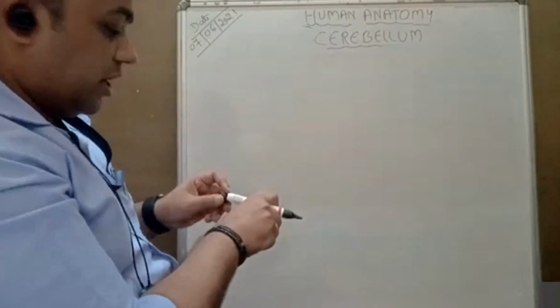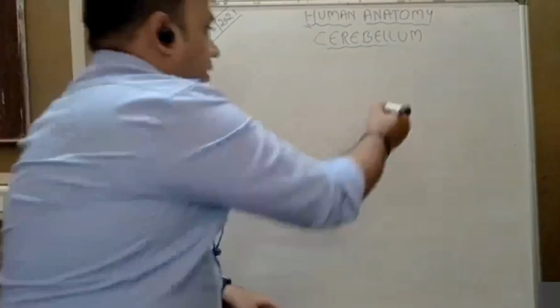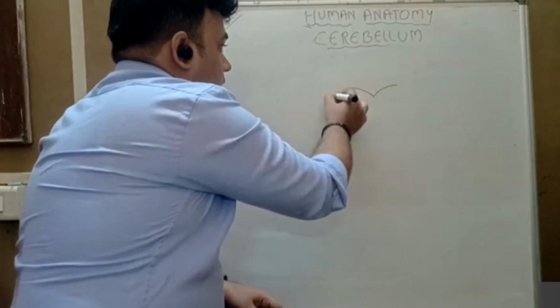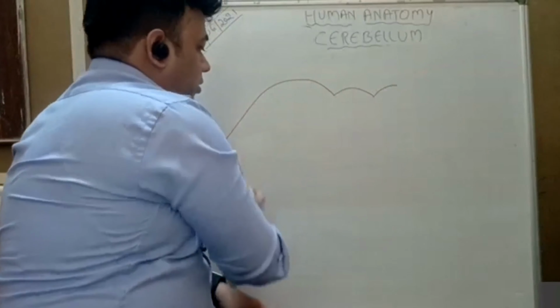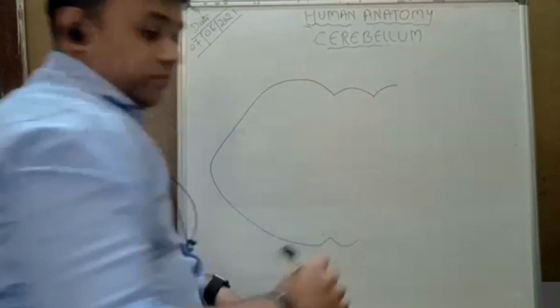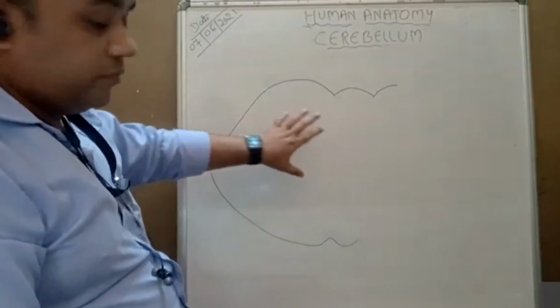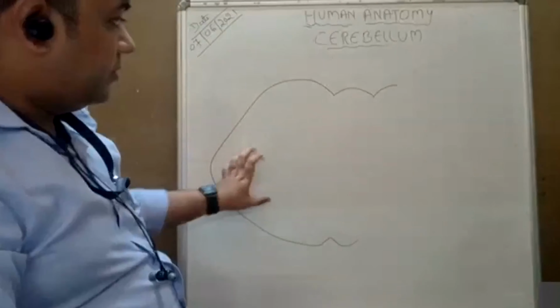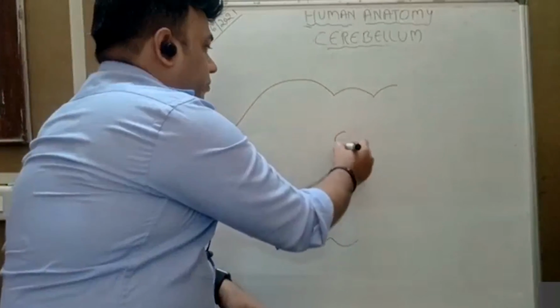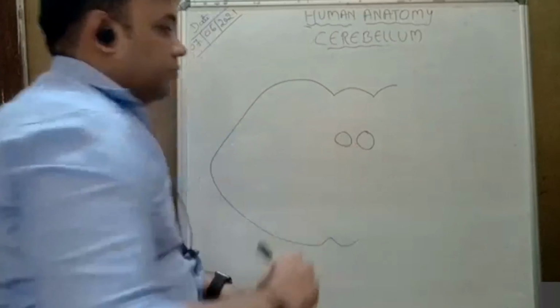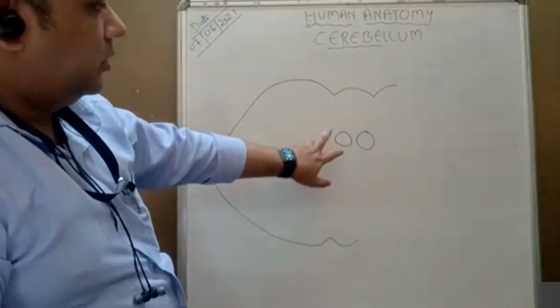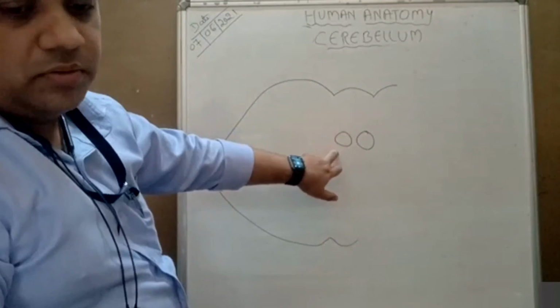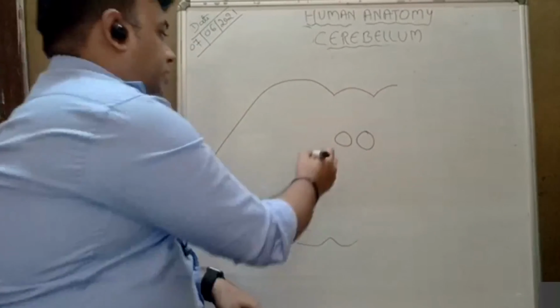So on one side I will draw. Fine. So here the four nuclei are present on each side. You can see right and the left. Okay. Then other nucleus is present here.